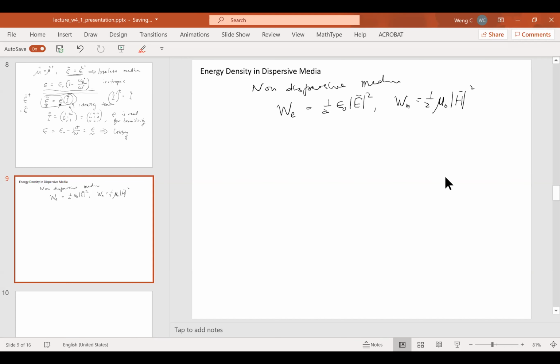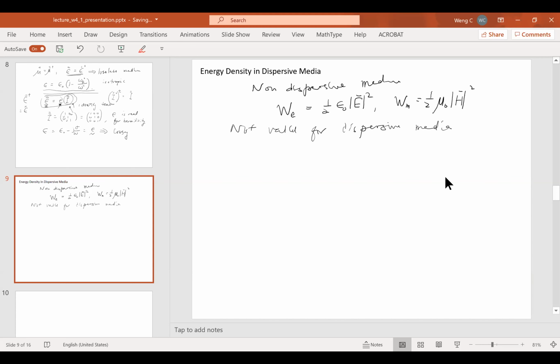Okay, so it makes sense to you, but these two formulas do not hold true for dispersive medium. Not valid for dispersive medium. And we want to derive what the energy density should be if the medium is dispersive.